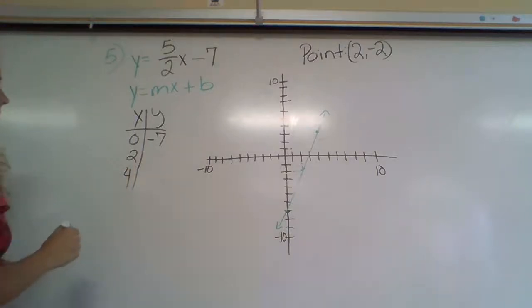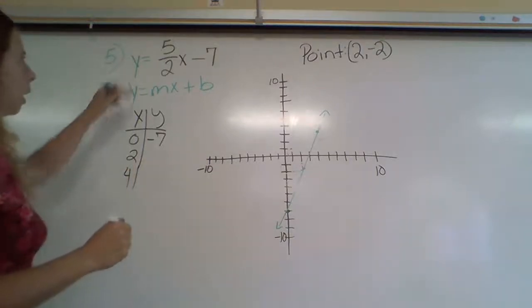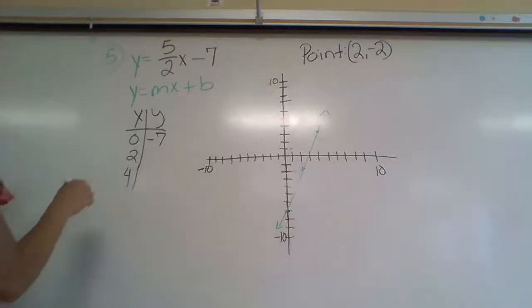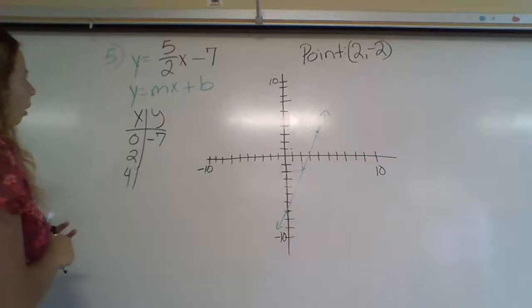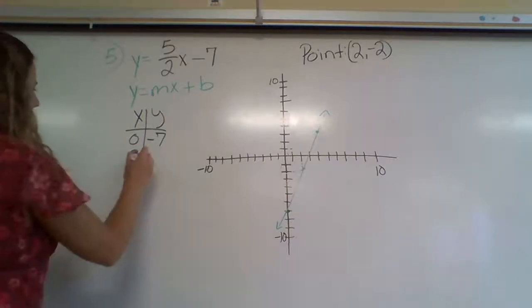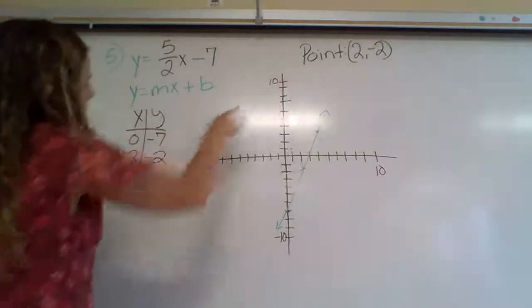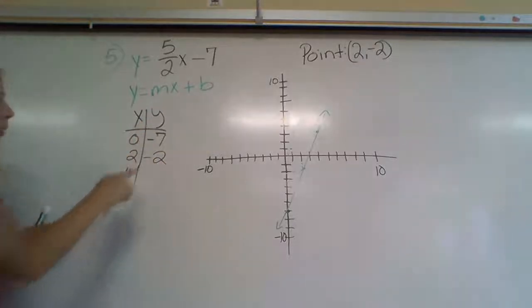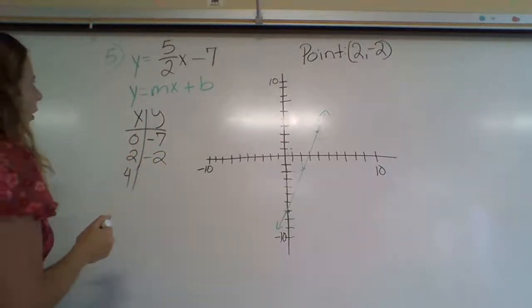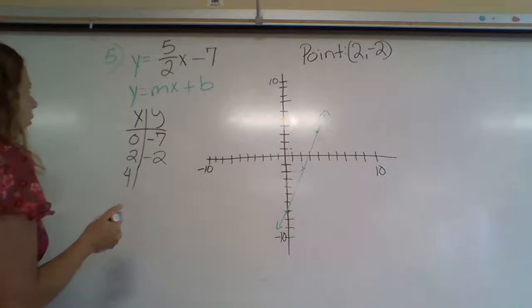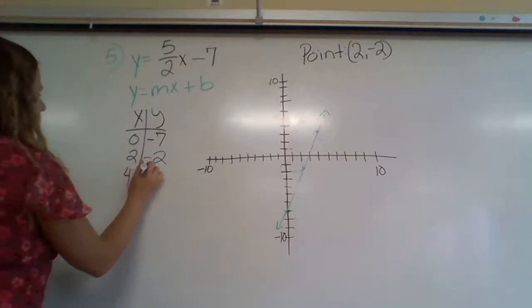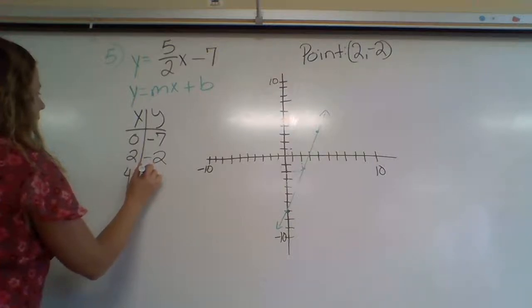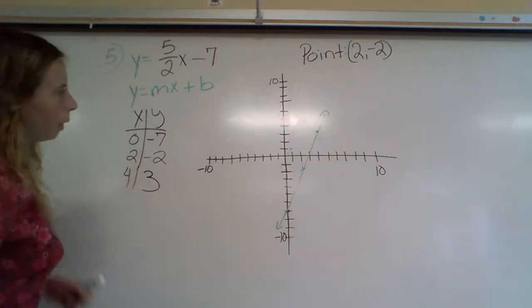It was just going to give me a fraction answer, and I didn't want to deal with it. So if x is 2, 5 over 2 times 2 is just 5, minus 7 is negative 2. Oh, look, that's our point. So it is on the graph. And then 4, 5 over 2 times 4 is going to be 10 minus 7, which is 3. Oh, we didn't plot that one.